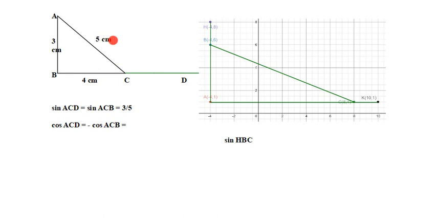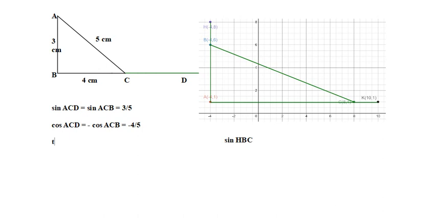But don't forget to include the negative because we are talking about the obtuse angle. Therefore, the value has to be negative 4/5. I'm going to extend this box a bit so it's neatly organized over here, although it's not very organized. We're going to move on.